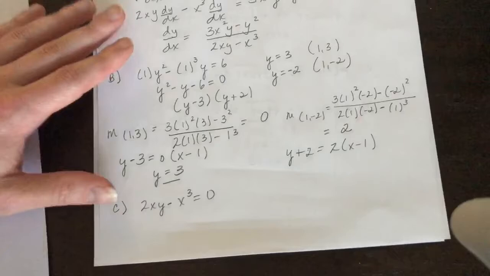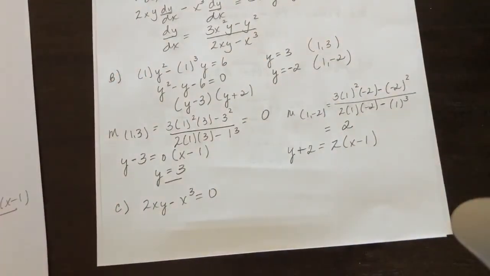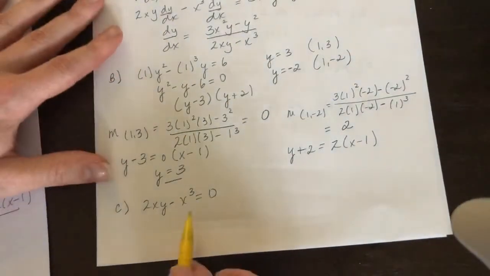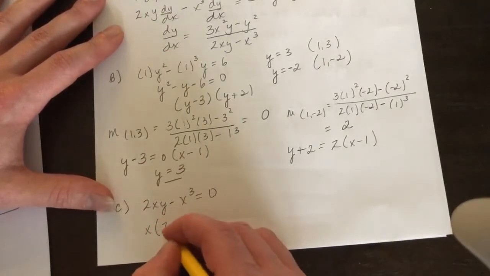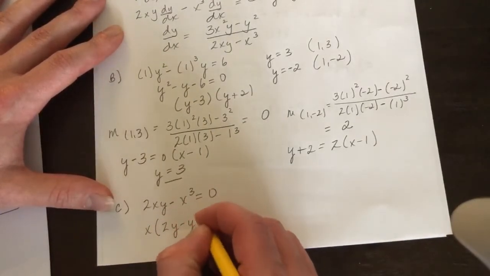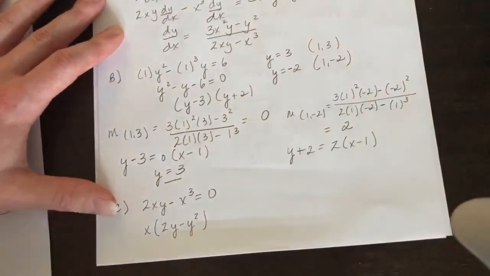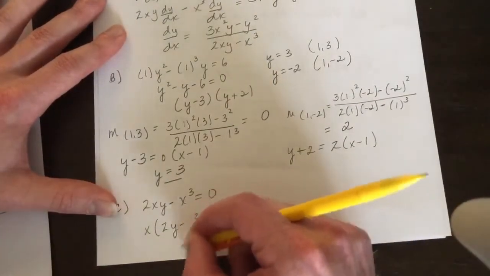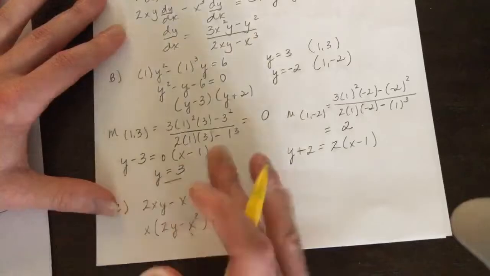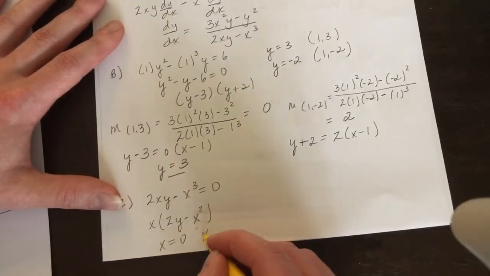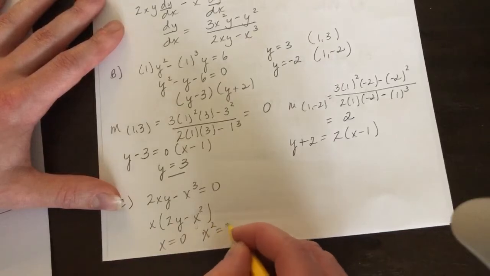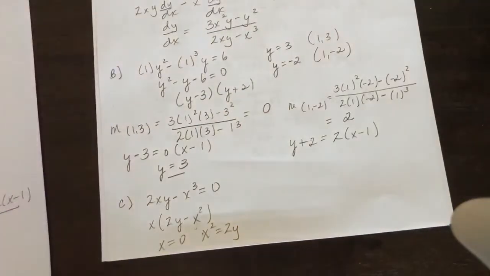Well, both of these terms have an x in common, so I'm going to factor out x. And so you get x is equal to 0 and x squared is equal to 2y.